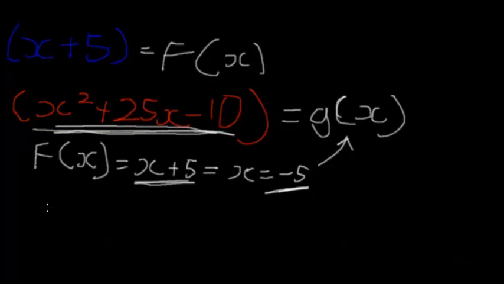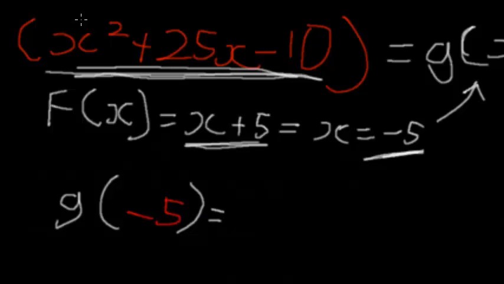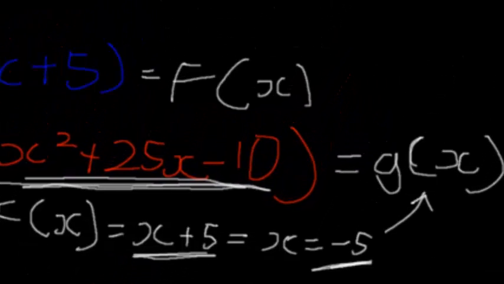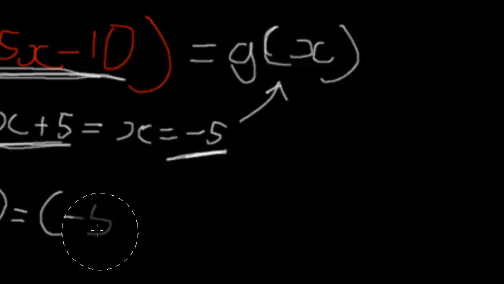So we can take g of negative 5, is equal to, and then we turn all the x's into negative 5. So we have here, let me make this a nice color. Oh wait, I turned it already. Sorry, let me erase that real quick. There you go.